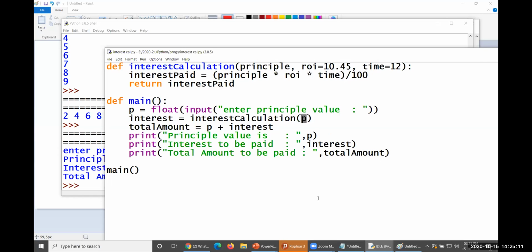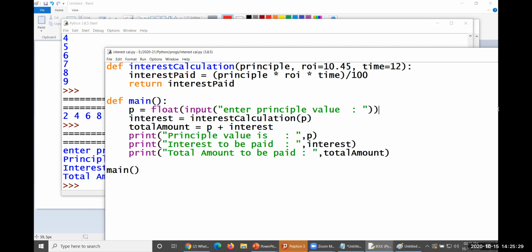Why? What is the reason behind it not showing any errors? You have assigned default values for rate of interest and also for time. So that is the reason why it has not given any error message.